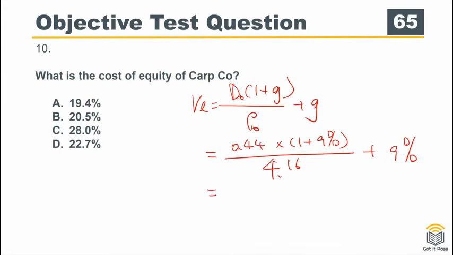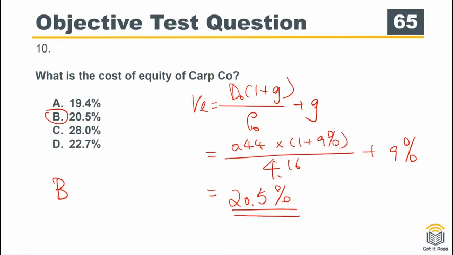So it's 20.5% for the cost of equity. So the answer is B.